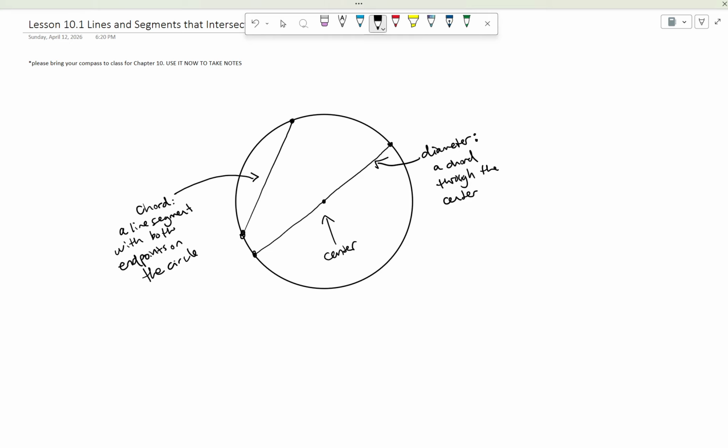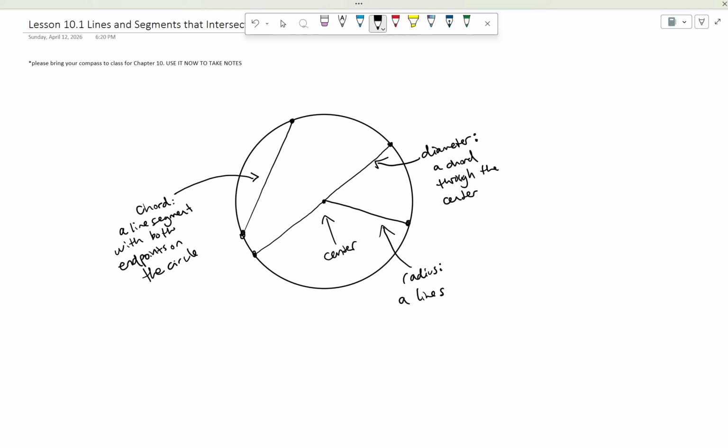Now, we also could have an endpoint at the center and then on the circle. And this is what is called a radius. And you guys already know all radii are going to be equal because from the center to the point on the circle is all equidistant.